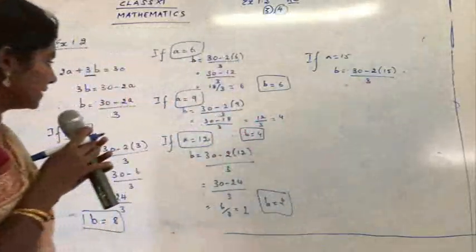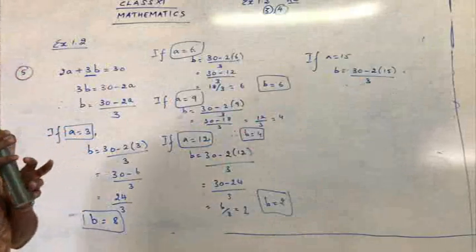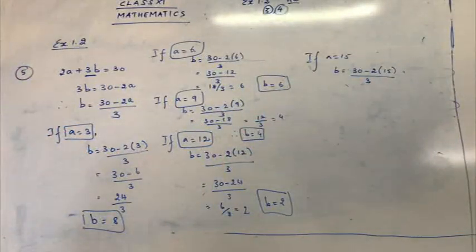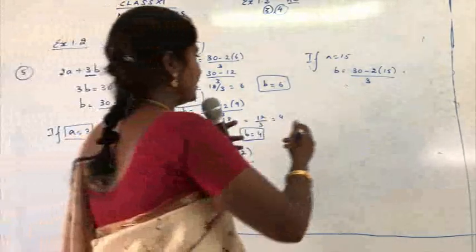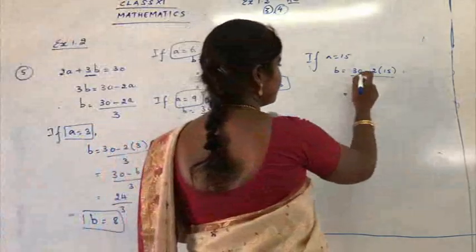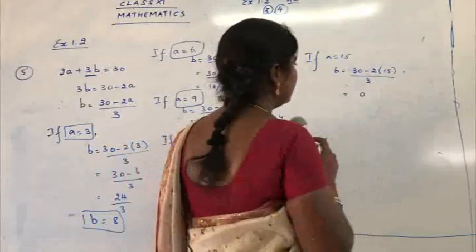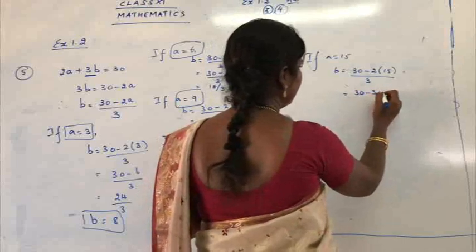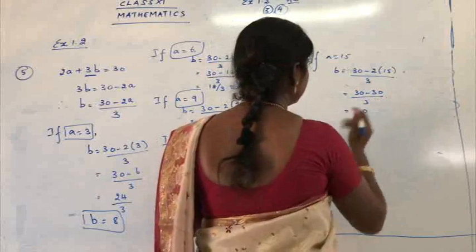We are choosing all the multiples of 3, children. So I get 30 minus 2 into 15 upon 3. So I get the answer as 0 here. Yes. 30 minus 30 upon 3. So you get the answer as 0.